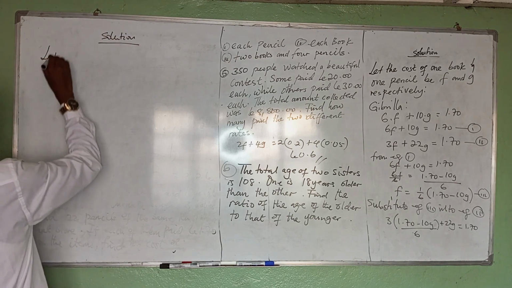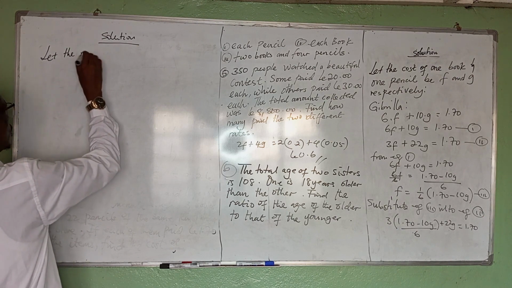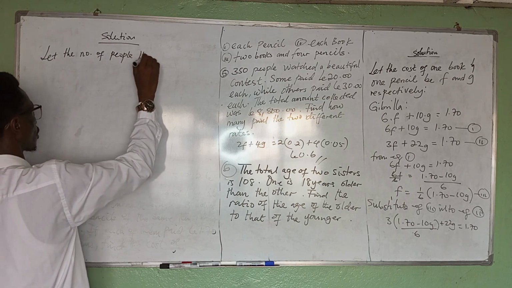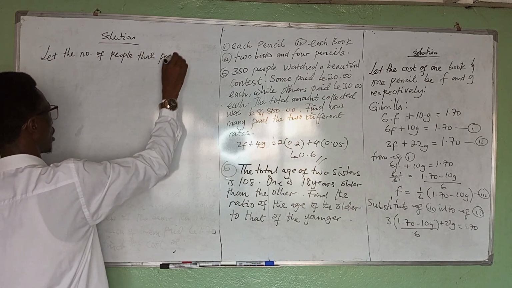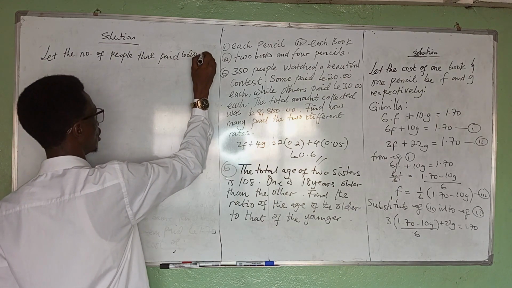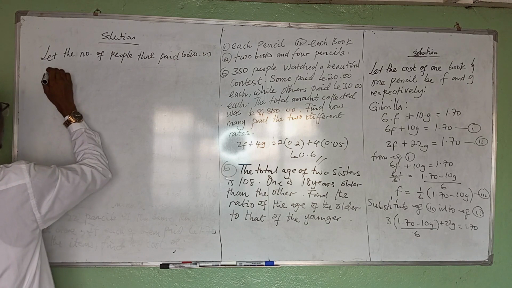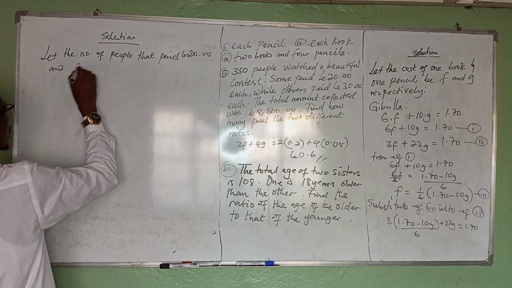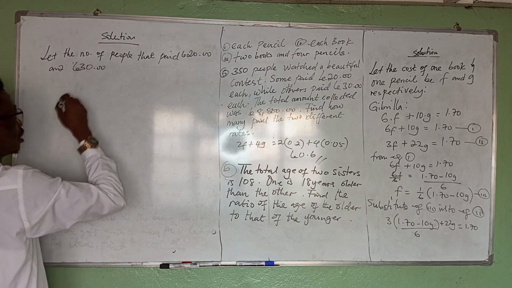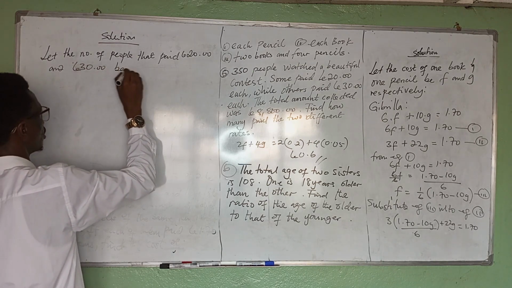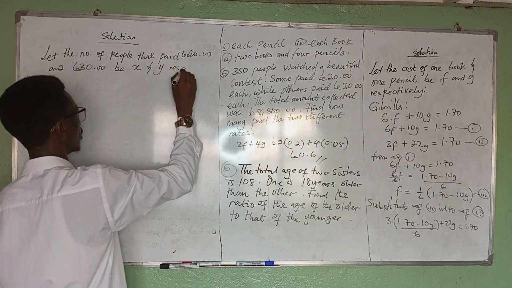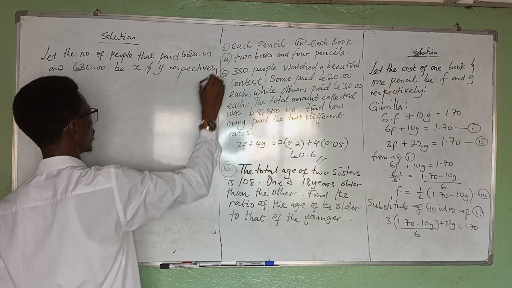Let the number of people that paid 20 leos and 30 leos be X and Y respectively.